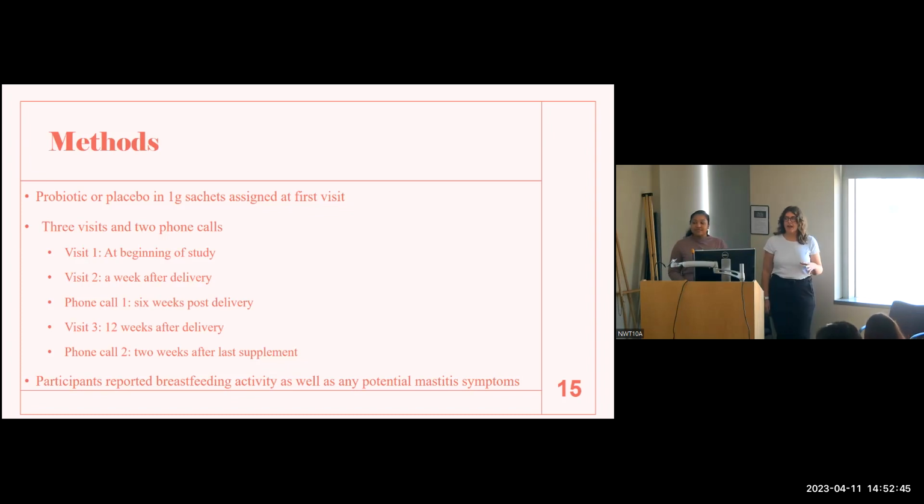Visit 2 would be a week after the delivery. The phone call was 6 weeks post-delivery. Then the 3rd visit would be 12 weeks after delivery, and phone call 2 was 2 weeks after the last supplement. The point of these visits and phone calls was to report any breastfeeding activity and how it was going, and also any potential mastitis symptoms. That way they could gauge if further treatment was necessary.